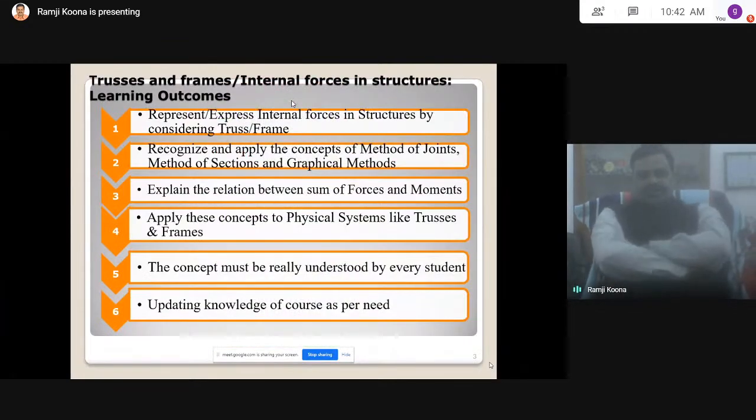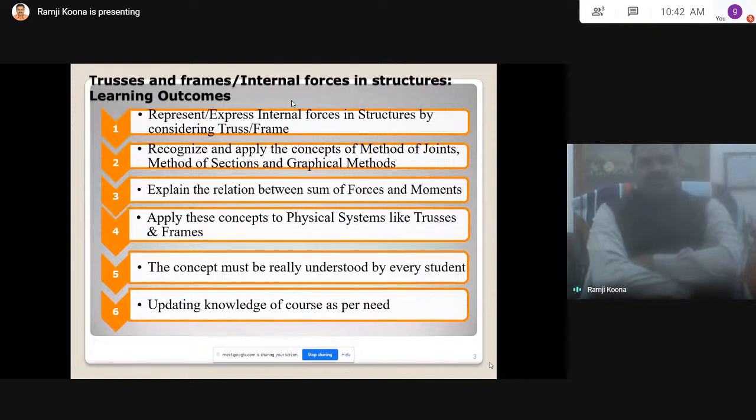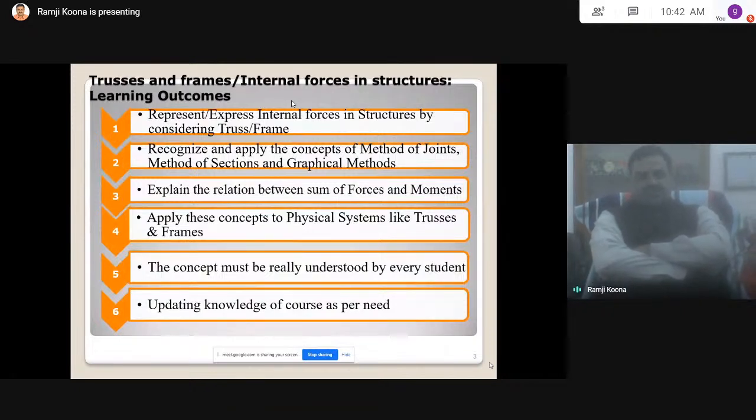Now, what are the learning outcomes from these titles we are going to get today? What we are going to cover and discuss regarding trusses and frames. Here, we try to express what the internal forces in the structures are, that is, what type of force a member is subjected to, whether tensile or compressive, or other forces if it is a frame.